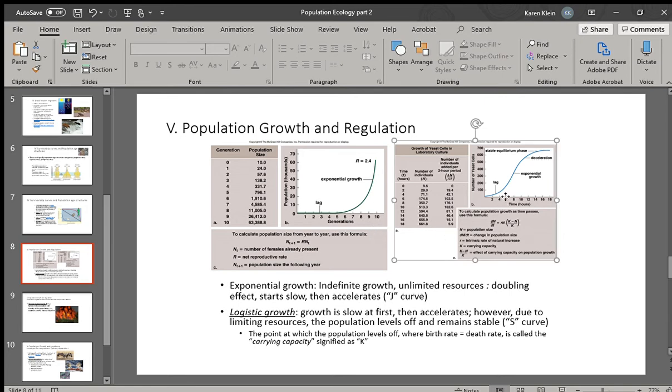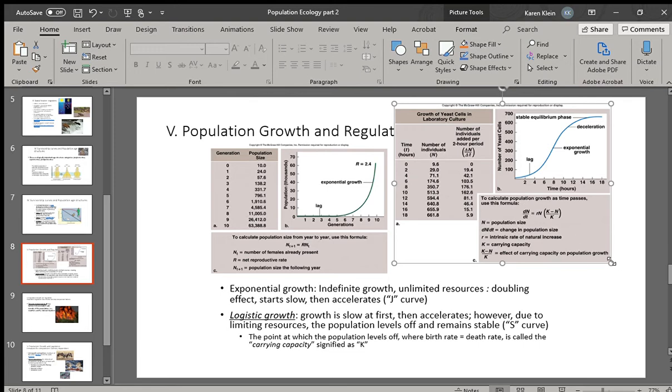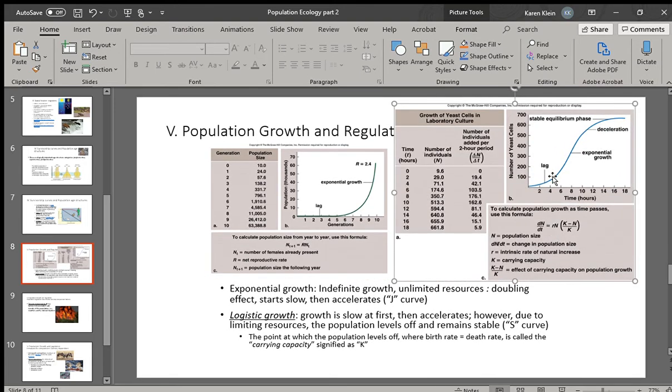But in nature, you hate to use absolutes, but I'm going to say 99.99% of the time, what you wind up having is what we would call an S curve. That is, almost all resources in the environment aren't unlimited: food, water, habitat, shelter, etc. And so the amount of resources available will limit the number of individuals in that population in that geographic area.